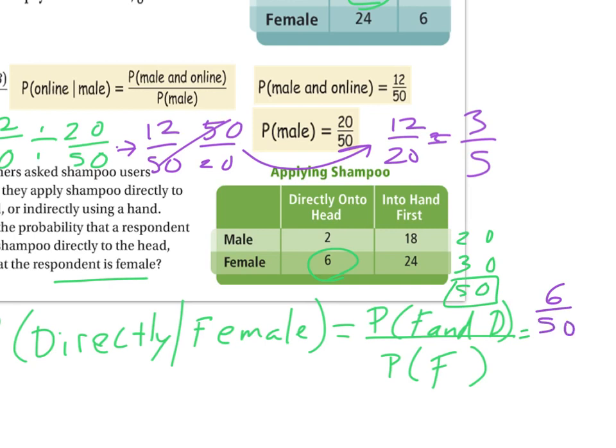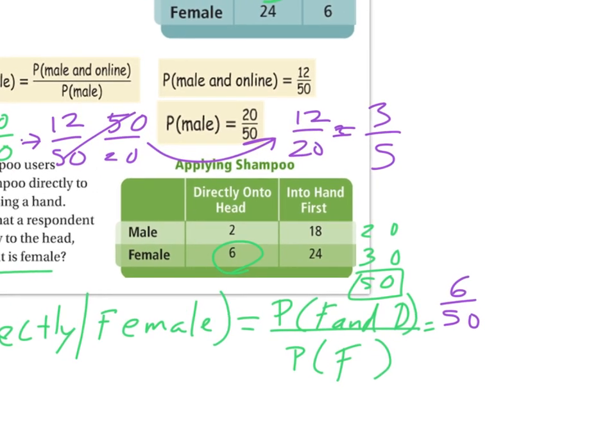Now, of course, I realize that would reduce, but I want to just hold off for a second. And so I'll divide by the probability that the respondent is female. Again, I'm going to write this as a division problem. So the probability the respondent is female, there's 30 females out of 50 total respondents. I want to write that as a division problem because then I can multiply by the reciprocal.